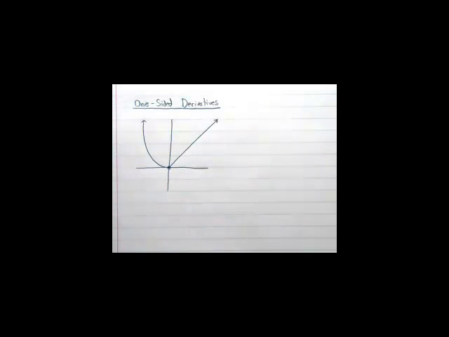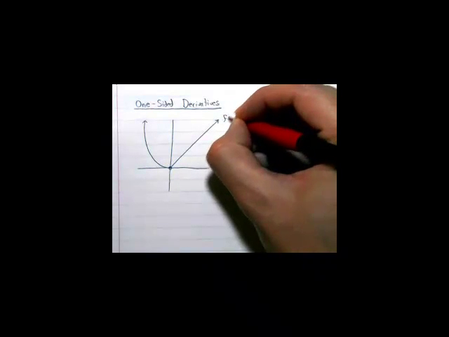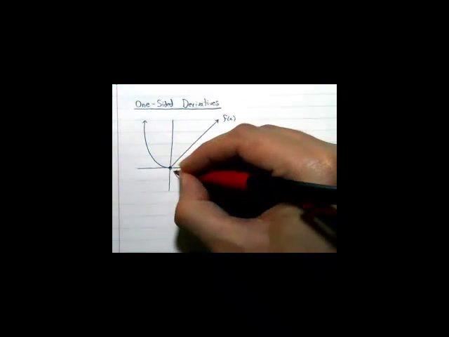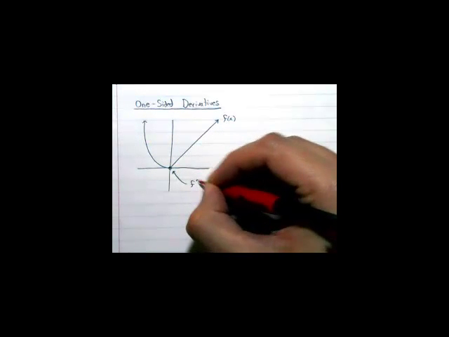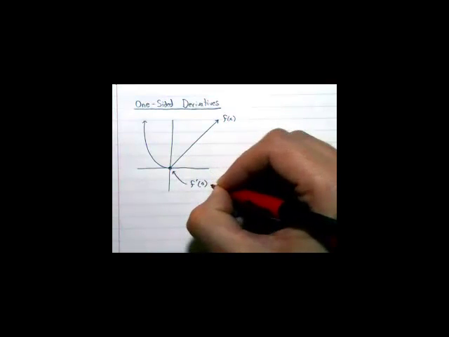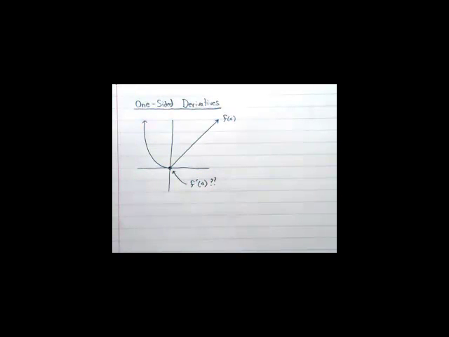So if this is f of x, I want to know what is f prime of 0. Not f of 0, f prime of 0. So what is the slope there? If I asked you for the slope anywhere else on this thing, you could do it. But why can't I answer this question at that point?